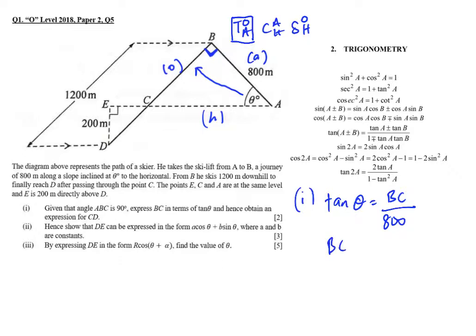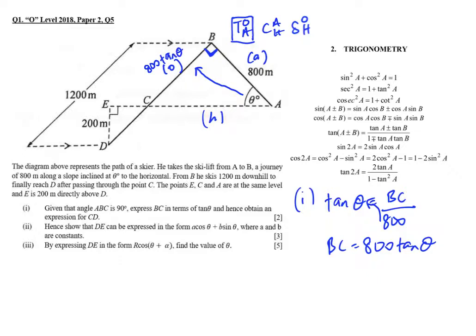So BC is just 800 multiplied by tangent theta. We have done a very simple cross multiplication here. So that is the answer for BC, having a value of 800 tangent theta.